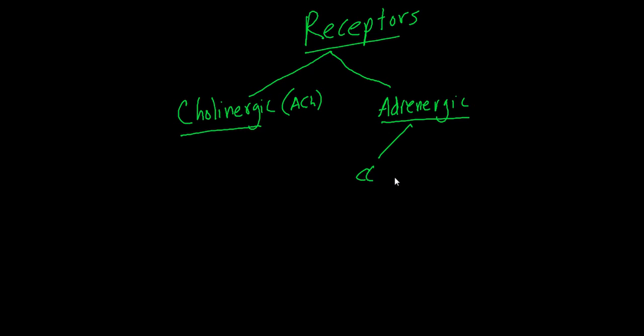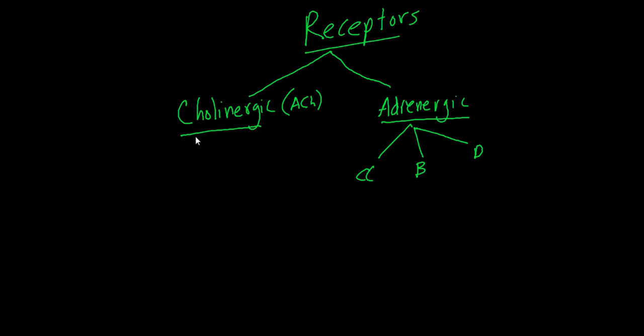We've got alpha adrenergic and beta adrenergic. We've got some others. We've even got dopamine receptors, histamine, etc. That's beyond the scope right now. So if you hear what an alpha receptor is, it's just a type of adrenergic receptor. A beta receptor is just an adrenergic receptor.